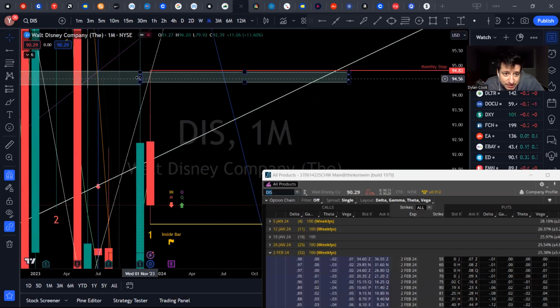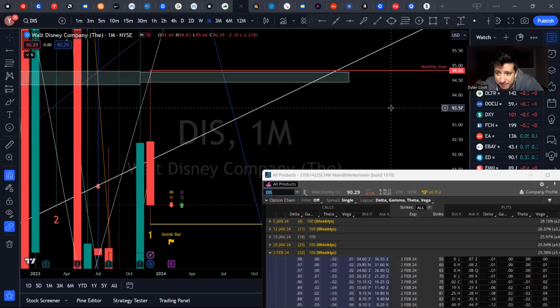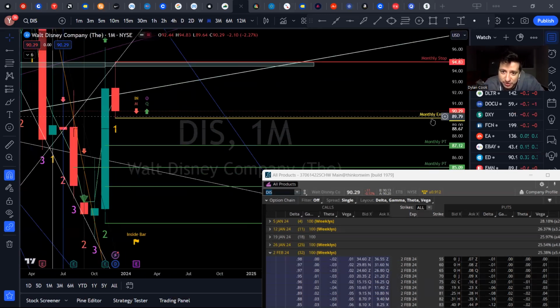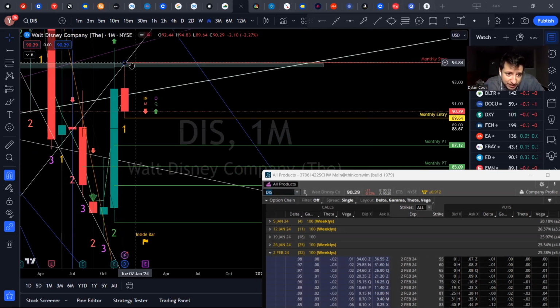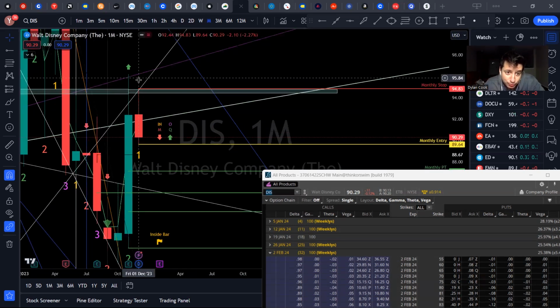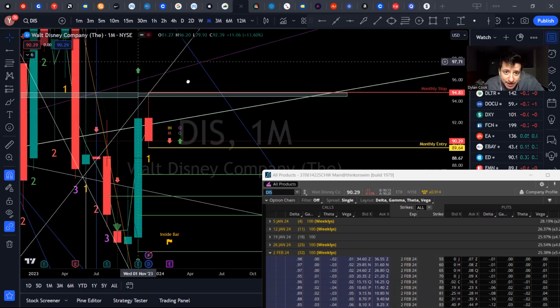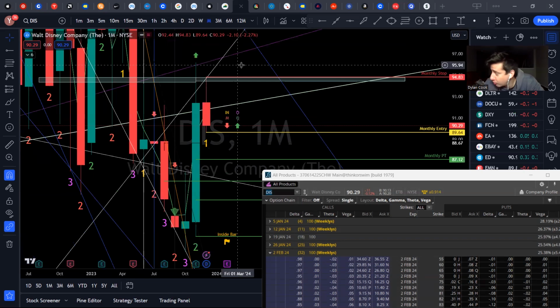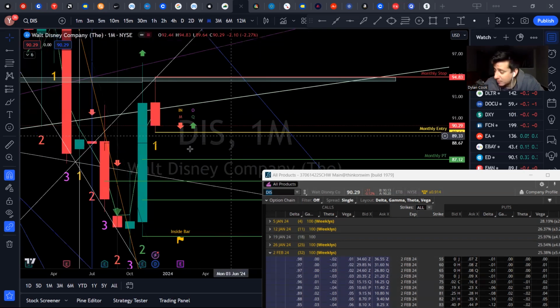And as we can see, we did not like being up here all over again. So that's why I'm not putting it on the call side, because I believe if we even come up and test this, sure, we'll break through it. We don't really have that much room to go to the upside without having to go really far back for price targets. So with just being present, this is what I'm looking at.